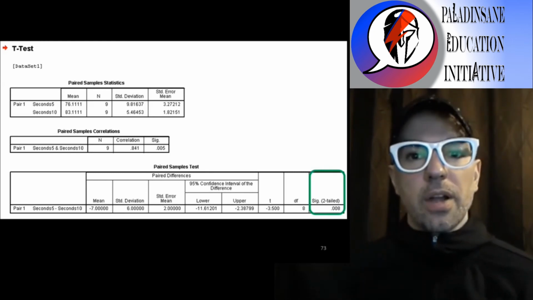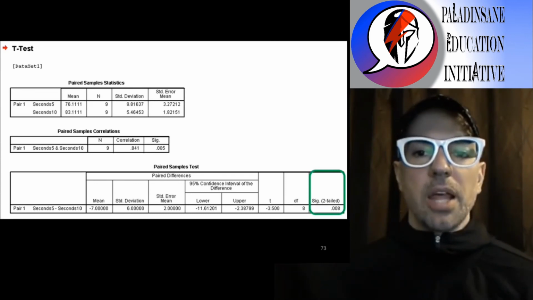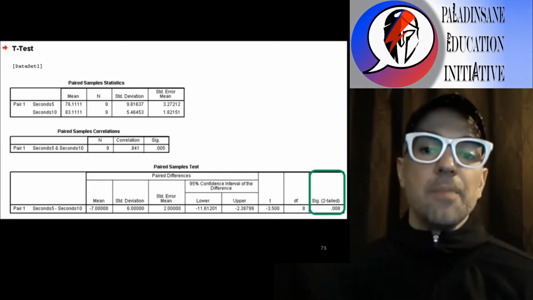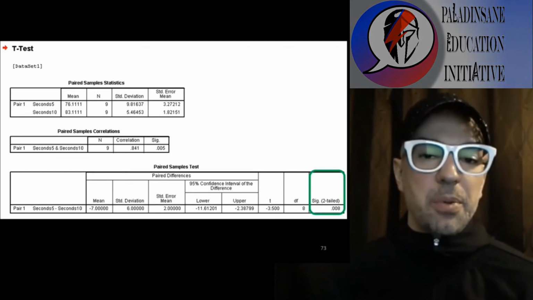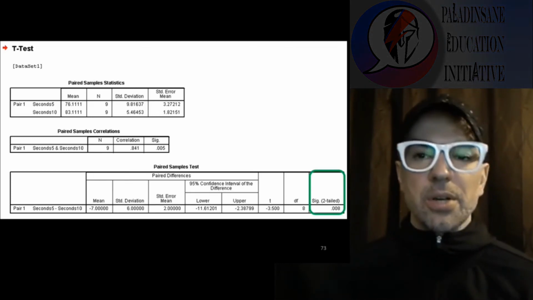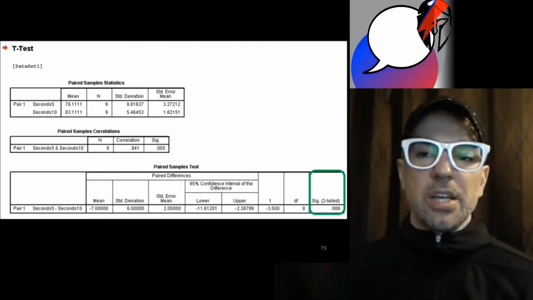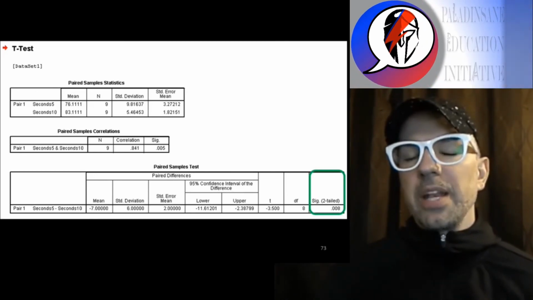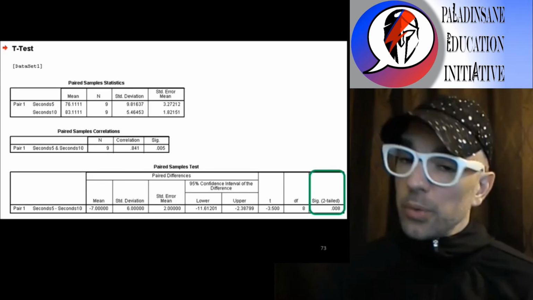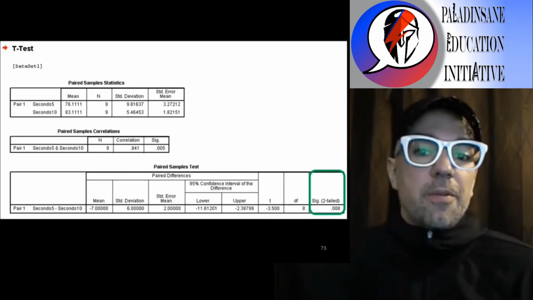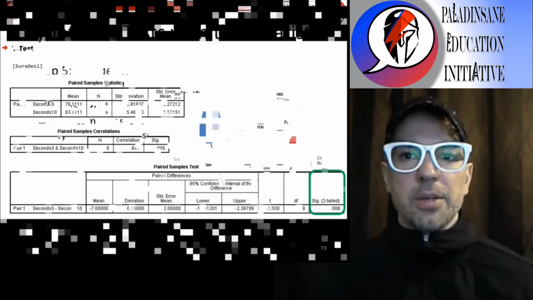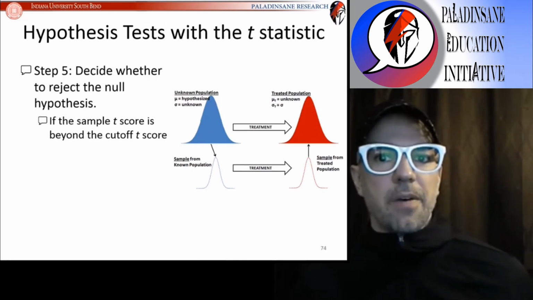What you're looking for is that bottom table column labeled significance, two-tailed, and the probability of our sample occurring is 0.008. So if the null hypothesis was true, getting a difference this large will happen 8 in 1,000 times. Pretty unlikely. So now the final thing we need to do, now that we have the p-value, is step 5.